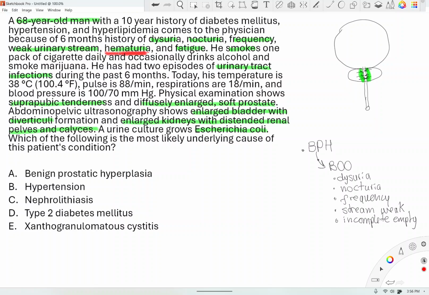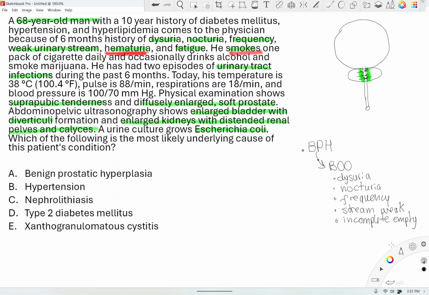So that puts you at risk of bladder cancer. Okay, but bladder cancer, you would have seen it on ultrasound. Maybe weight loss and other stuff. So just to remind you to read these questions carefully.